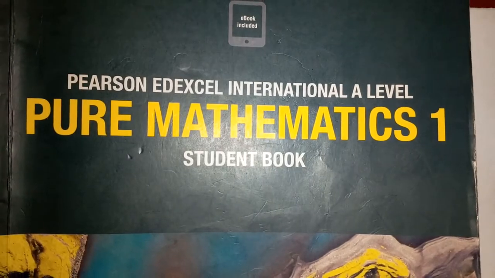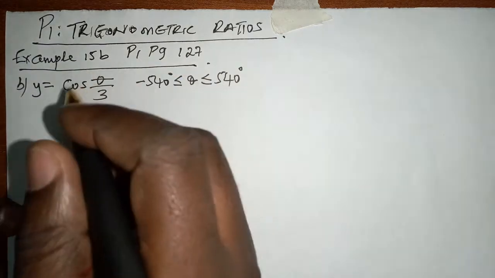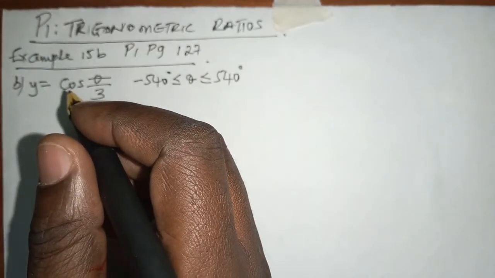Today we will be explaining the very last example, example 15, part B, of Pure Mathematics 1, topic number 6, Trigonometric Ratios. I want us to look at that question and discuss it so that we can extend our knowledge of trigonometric ratios, and by extension transformation of trigonometric graphs.